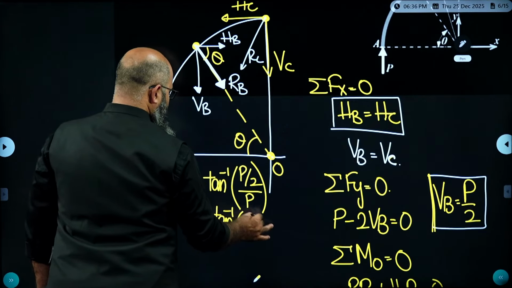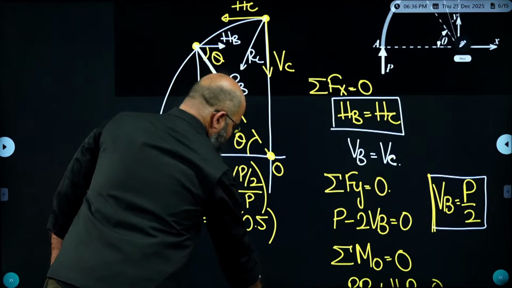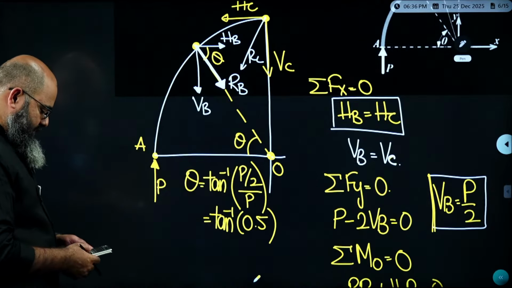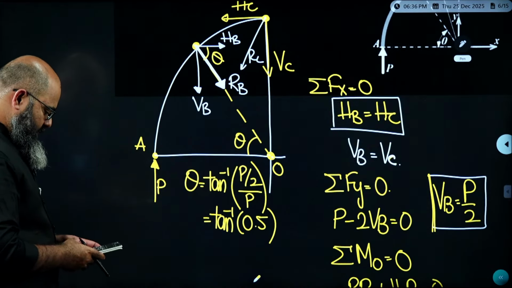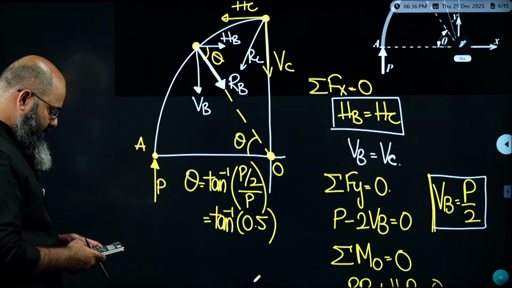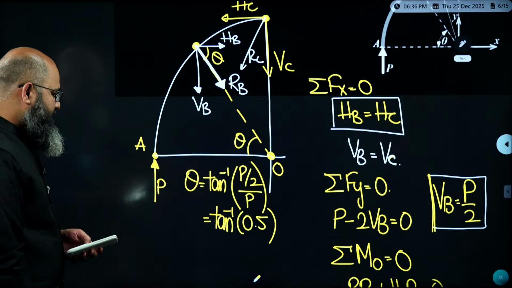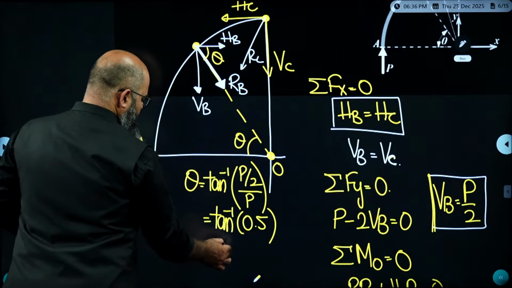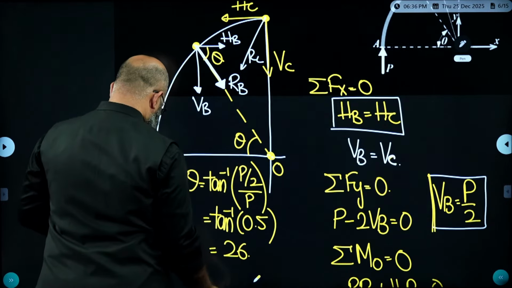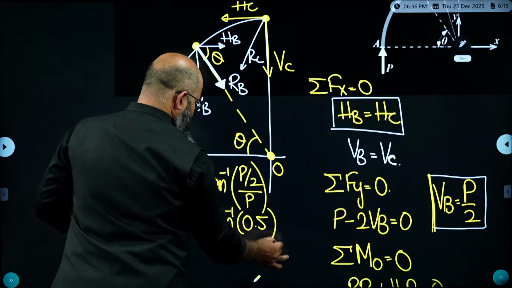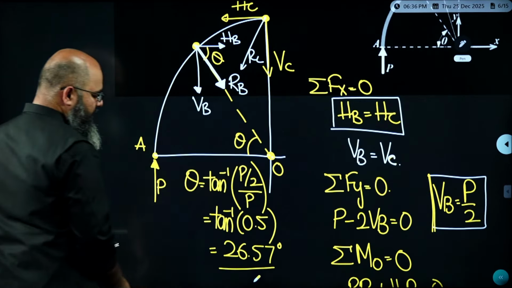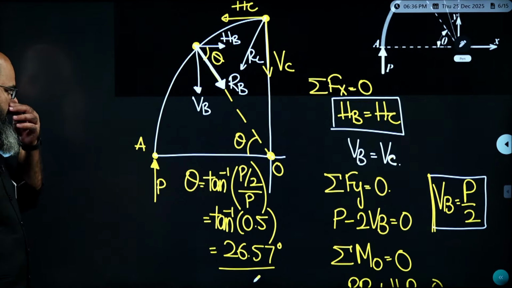This is tan inverse of 0.5. If you calculate tan inverse 0.5, it is 26.565. If you are rounding off, 26.57 degrees. The answer over here is 26.57 degrees.